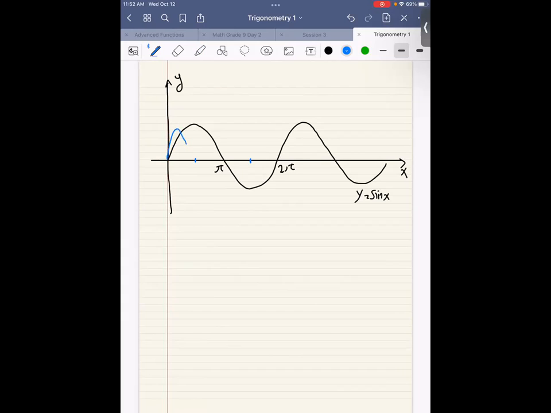So it's something like this. This is y equal to sine of 2x. And for sine of 3x, you get exactly similarly. So it gets compressed, right?